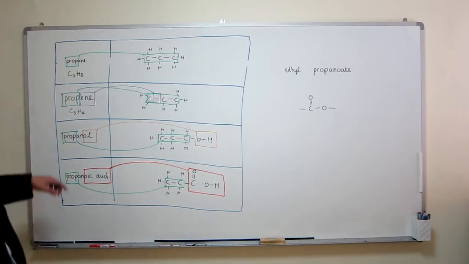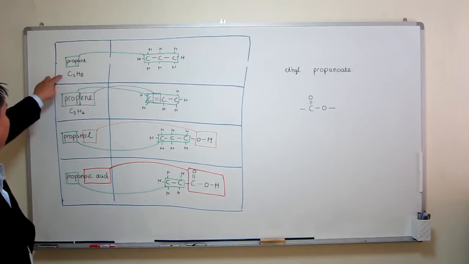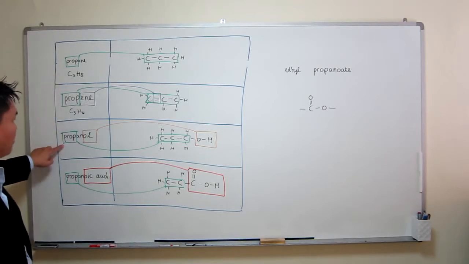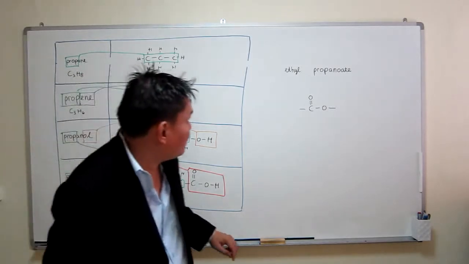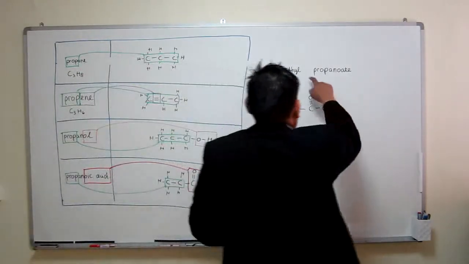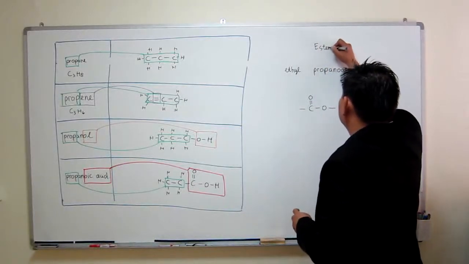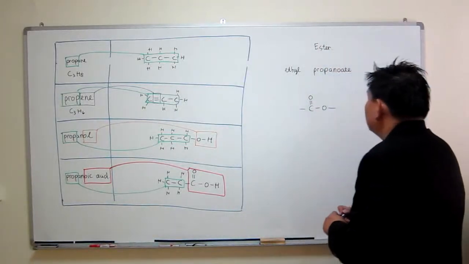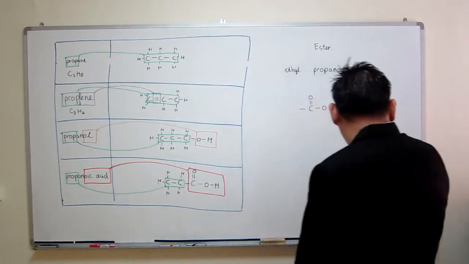So we already learned 4 functional groups: alkane, alkene, alcohol, and carboxylic acid. The most complicated one is this type of compound called ester. You can recognize from the name.